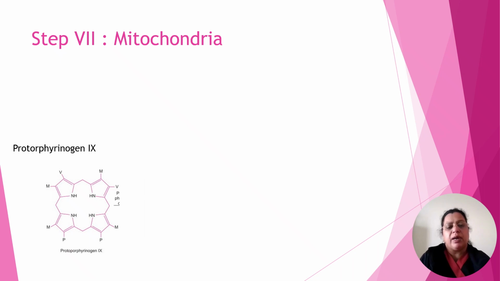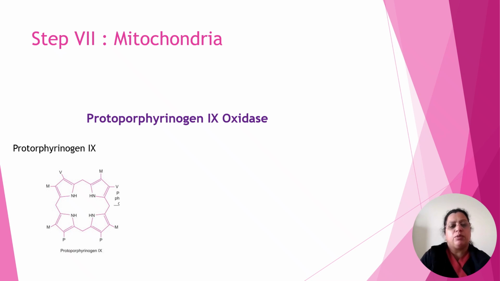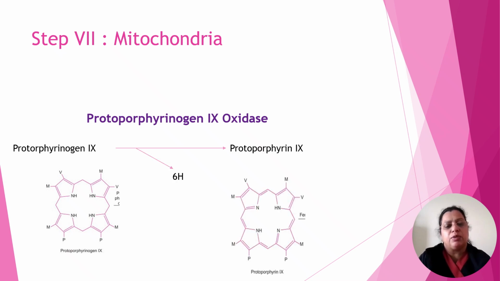So protoporphyrinogen 9, which undergoes a reaction with the help of enzyme protoporphyrinogen oxidase to form the active form of protoporphyrinogen 9, which is known as protoporphyrin 9. And in this process it loses 6 hydrogens, and these hydrogens are lost from the internal bonds of the tetrapyrrole rings.